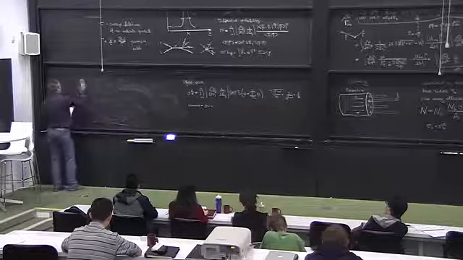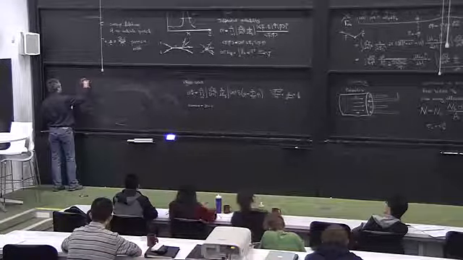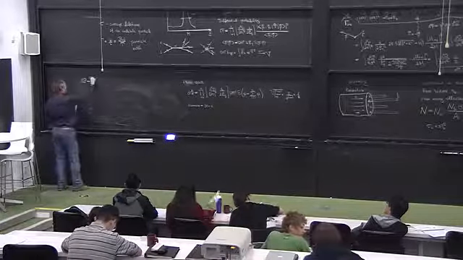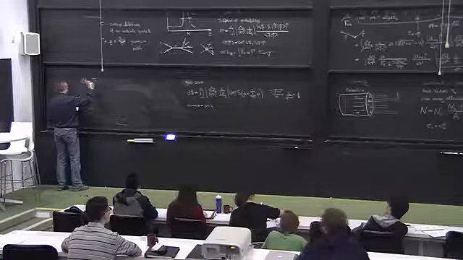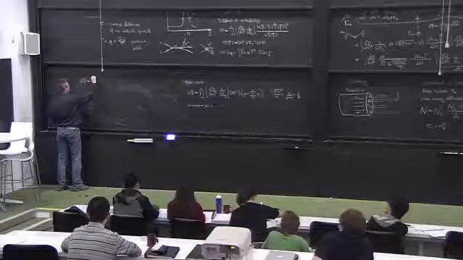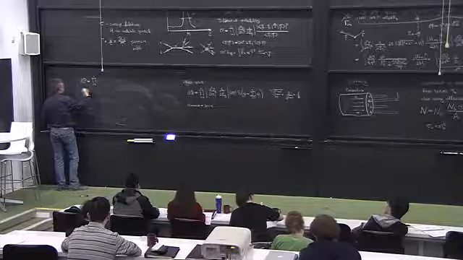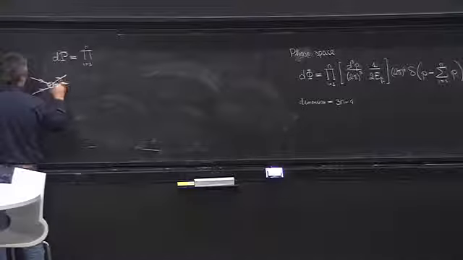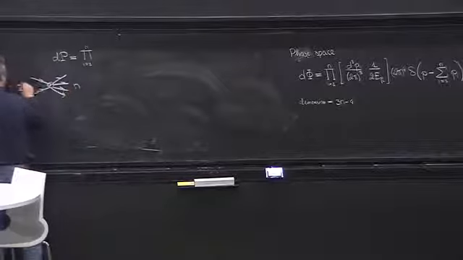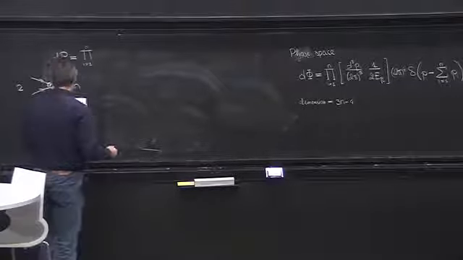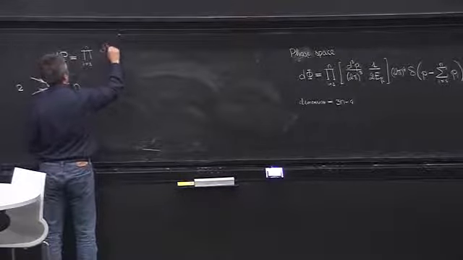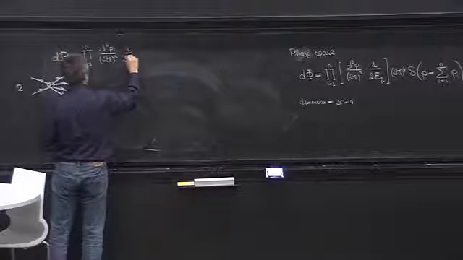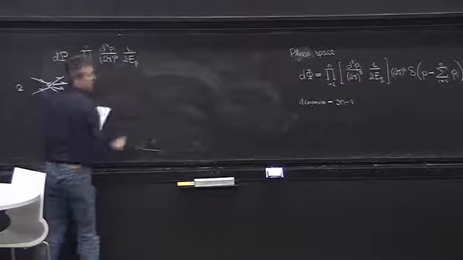Right. So to calculate the probability, we have to multiply the phase space by the matrix element. So this is, we are now considering a process in which two particles collide and produce n particles. Then we should integrate over all possible momenta of final particles with the measure dictated by the way we normalize the states.